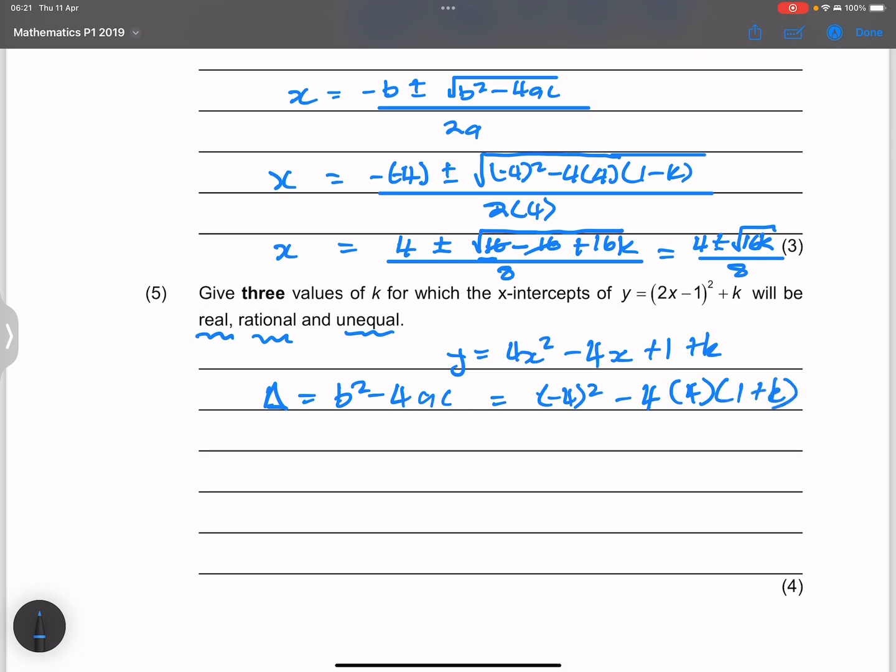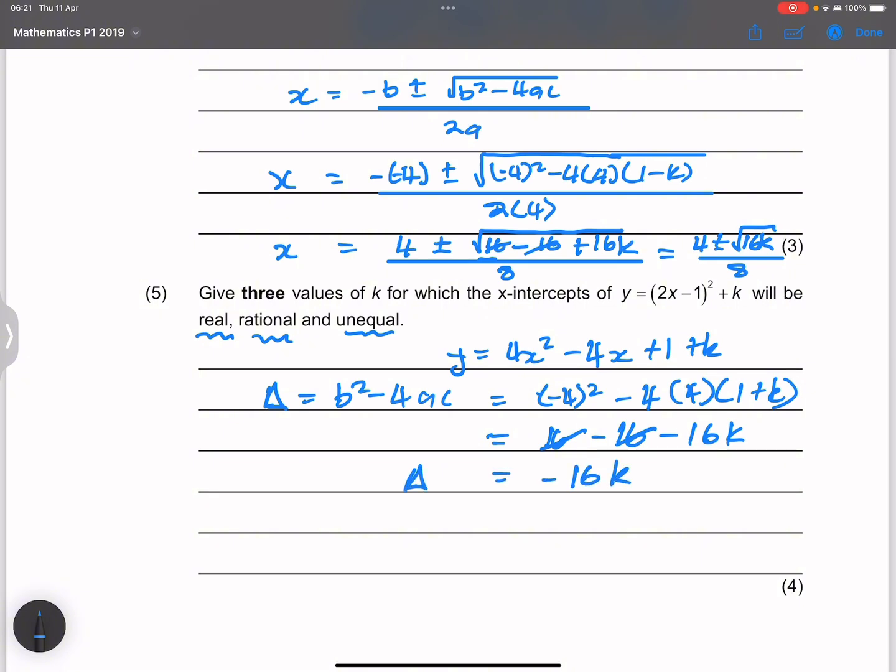So this is 16, again minus 16, but this time you've got minus 16k. Those two cancel, so our delta value is minus 16k.